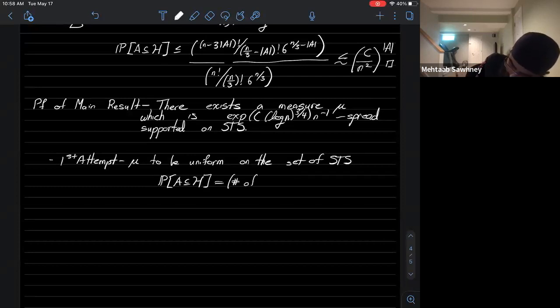So if you write this out, we would need to understand something like the ratio of the number of STSs containing A over the number of STSs.